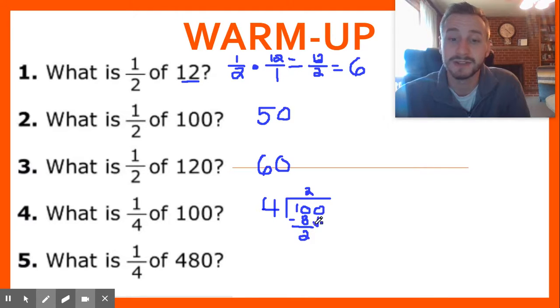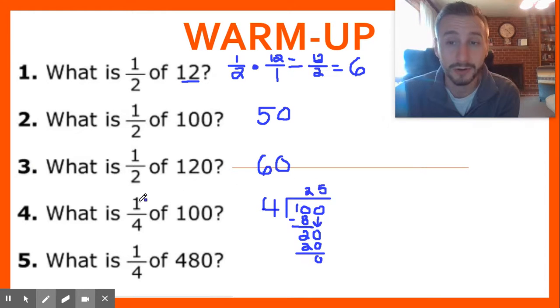You bring down your 0, you get 20. 4 times what gives you 20? 5. So you write 5 up top, you'd get 20 with no remainder, and that's exactly what you want. So that means a quarter, or 1/4 of 100, is 25.